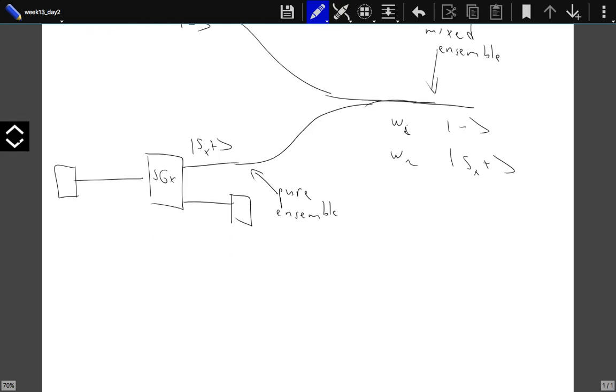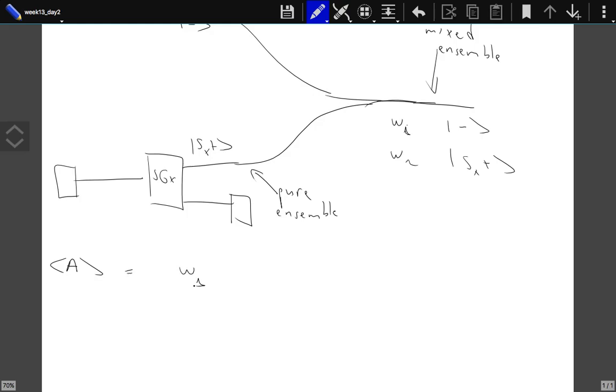If in this mixed ensemble we want to calculate the expectation value of some operator A, we are basically measuring A for every particle and then averaging over the outcomes.